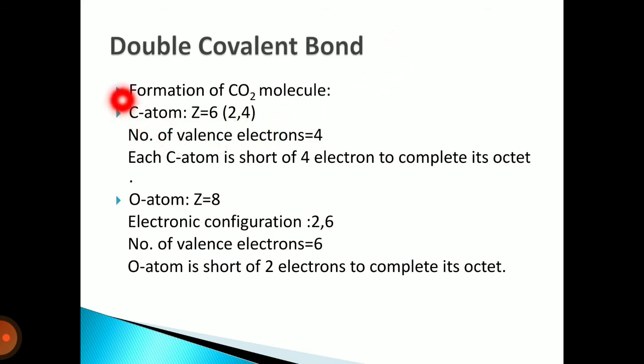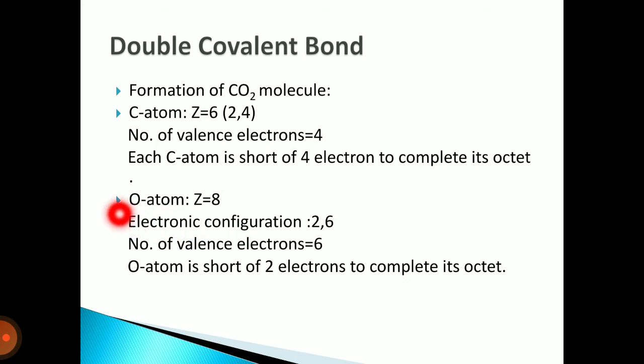So, take the example of the formation of the carbon dioxide molecule. The carbon atom has atomic number 6 with electronic configuration 2, 4. It has 4 valence electrons, so the carbon atom is short of 4 electrons to complete its octet.